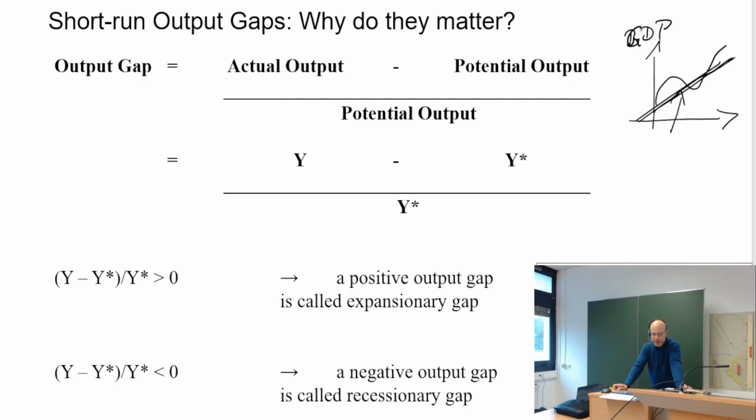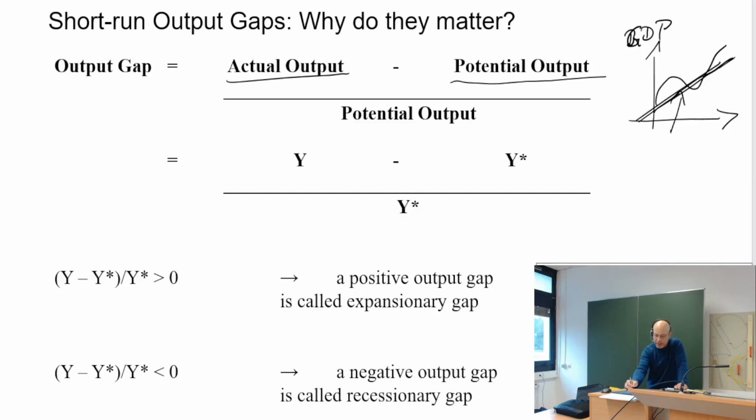And for this, we start with the so-called output gap, where we take the actual output, our GDP, and calculate it with respect to the potential output.